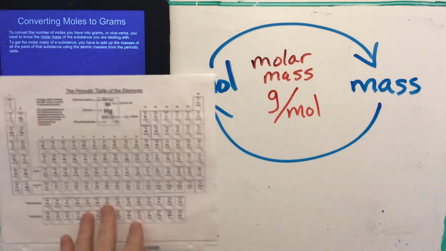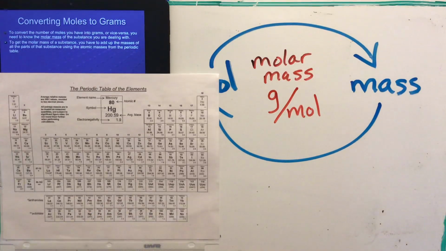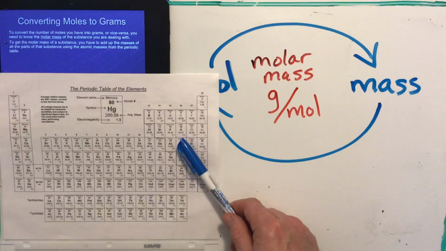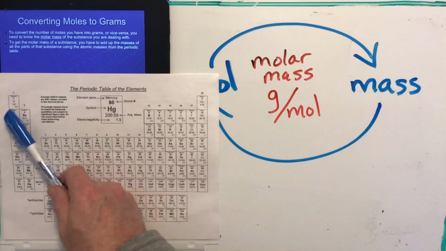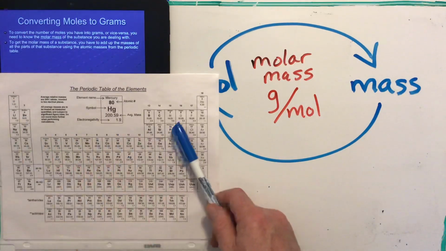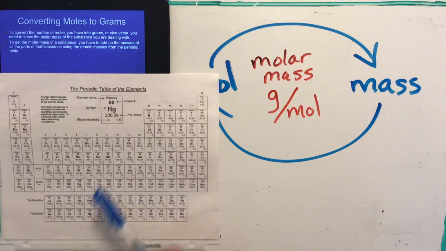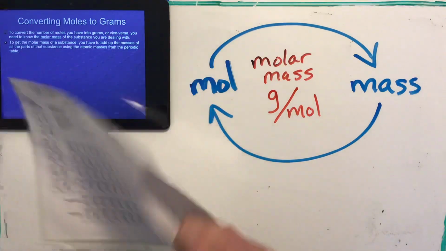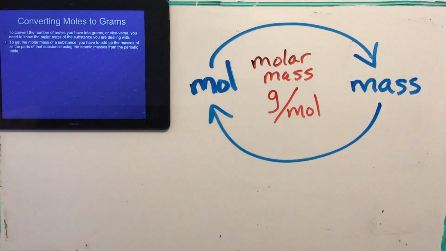So here's our periodic table, and like I said, carbon was 12.01, here's sulfur, it was 32.07. Water, I took 1.01 and another 1.01 and added it to 16. So I'm using these same masses from the periodic table to find my molar mass to do this calculation.